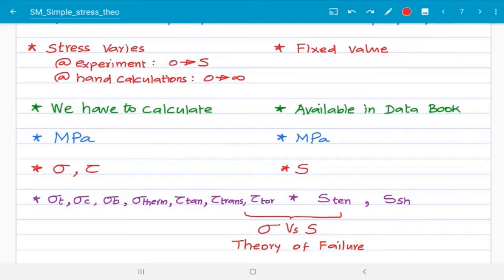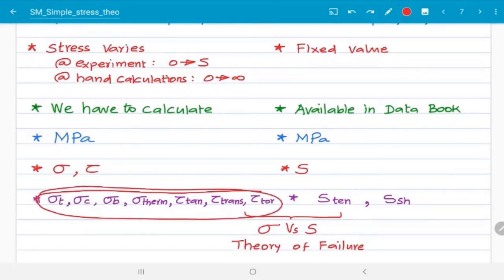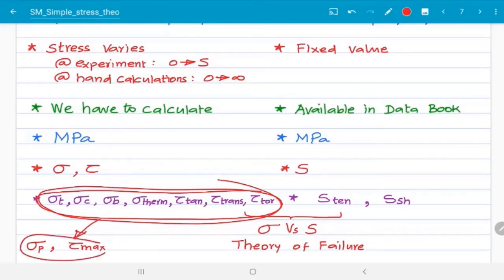Now, another information. These are all on the external surface. From this, you are going to calculate sigma principal, comma tau max, inside the material.